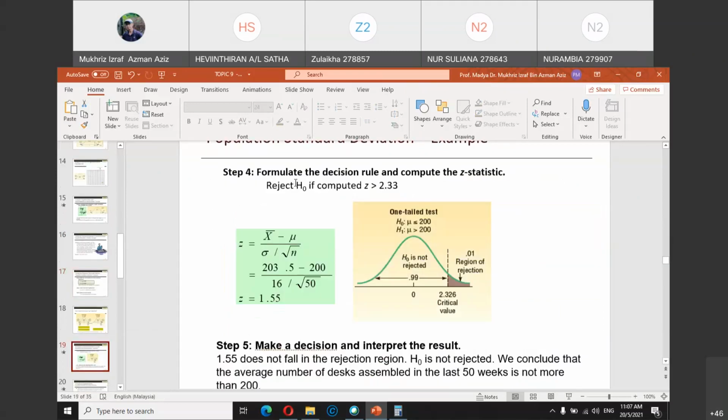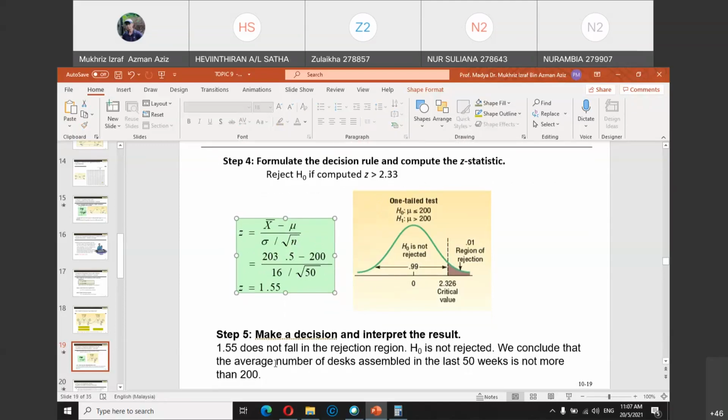So reject the null if calculated Z is more than 2.33, which we take from the positive value on the right side. Remember, it should be positive, not negative, because it's a one-tail test on the right side, more than. Then step number 5, make decision. In step number 4, you perform the calculation. This calculation should be in step number 5.